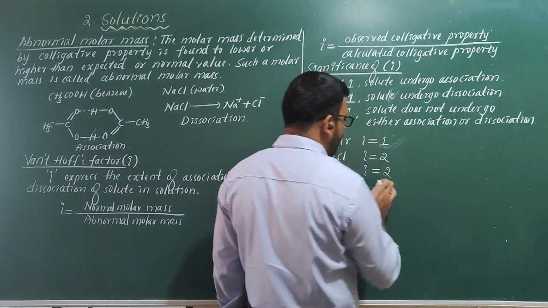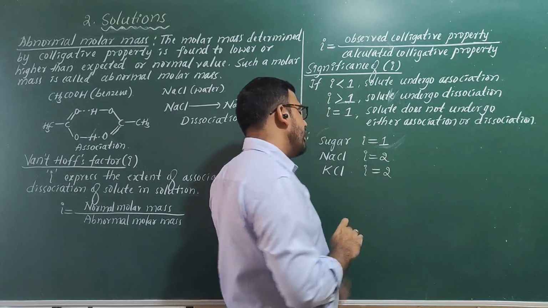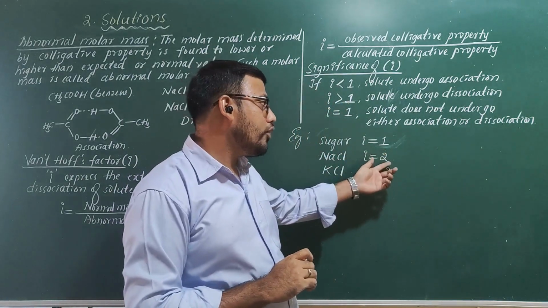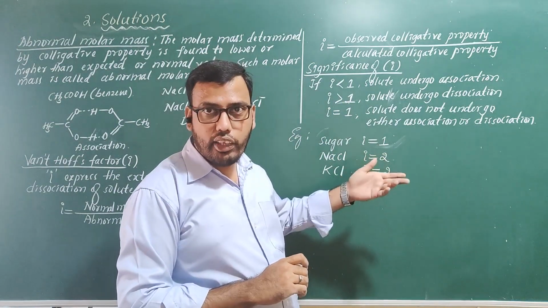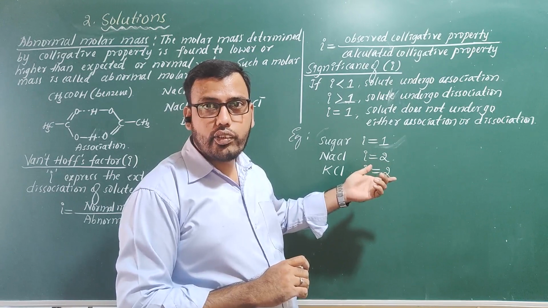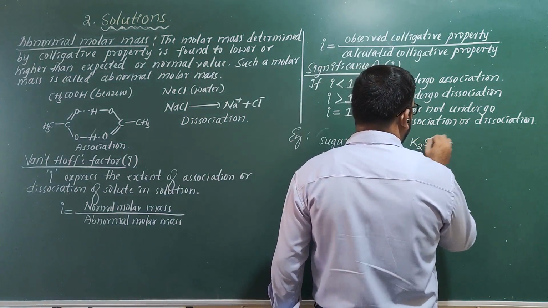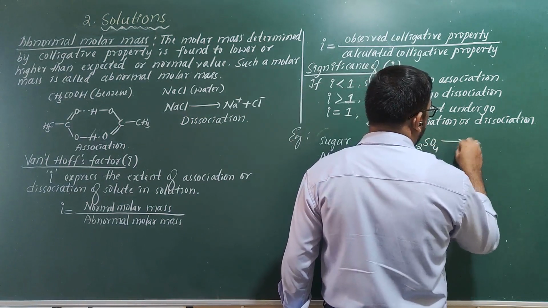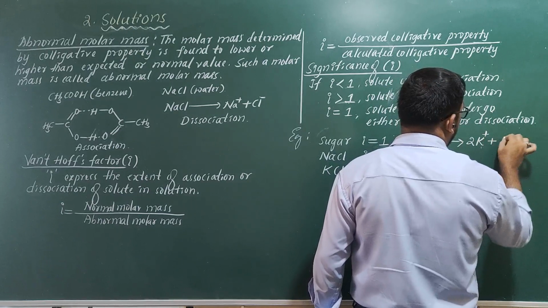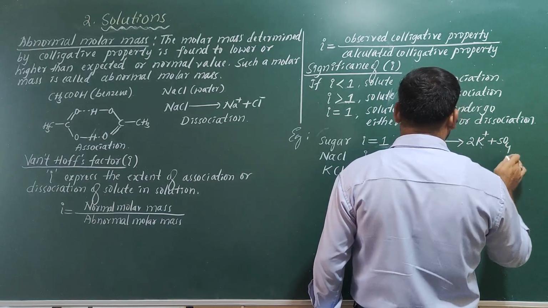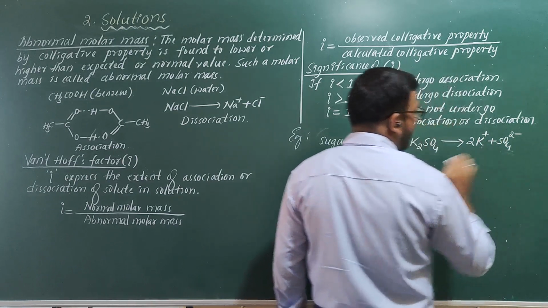If complete dissociation takes place, then only the i value is 2. Or the value can be between 1 and 2. It is greater than 1, but reaches 2 on complete dissociation. Similarly, K2SO4 dissociates as 2 K plus ions and 1 SO4 2 minus ion, so totally there are 3 ions.